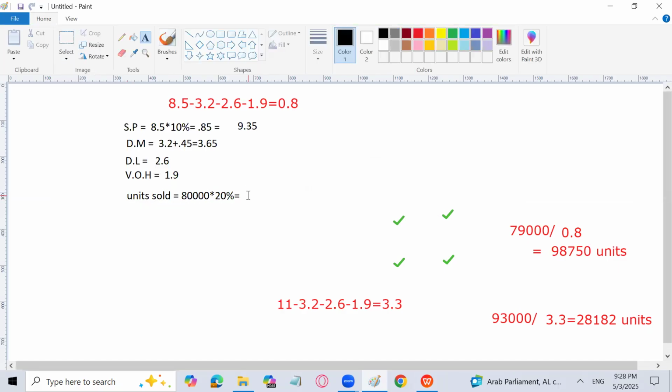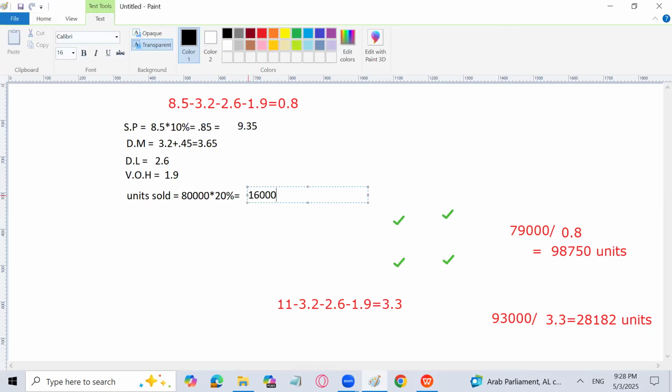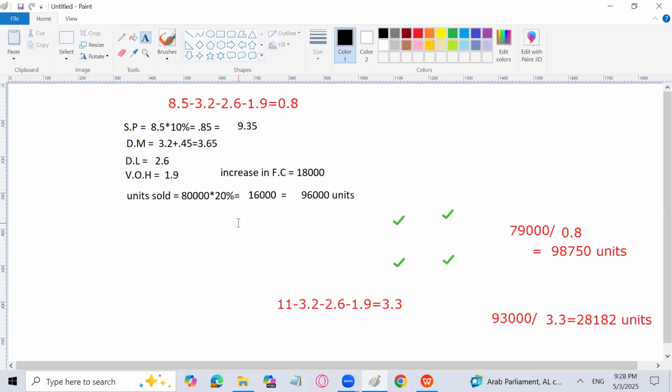So it will become 16,000 units. There is increase. And now we are going to sell 96,000 units. There is increase in fixed cost. I can write here. Increase in fixed cost of B, 18,000, right? And units sold are 96,000.